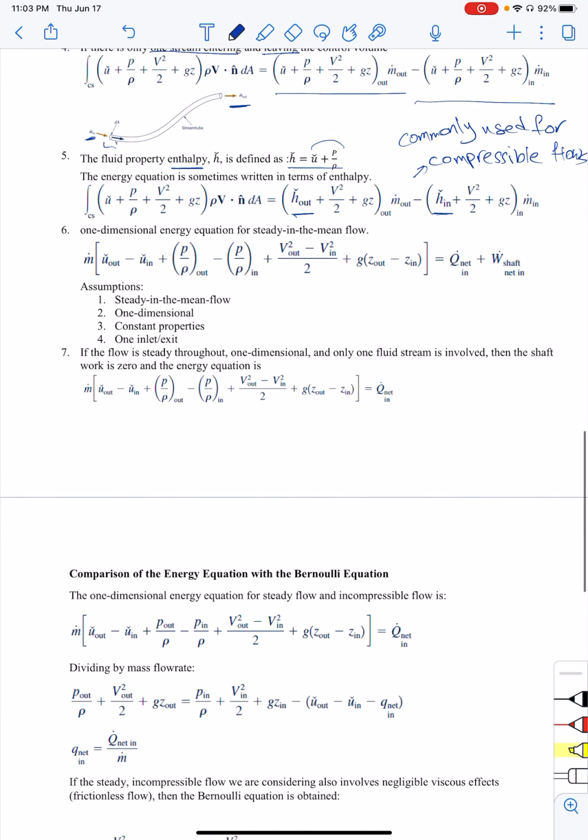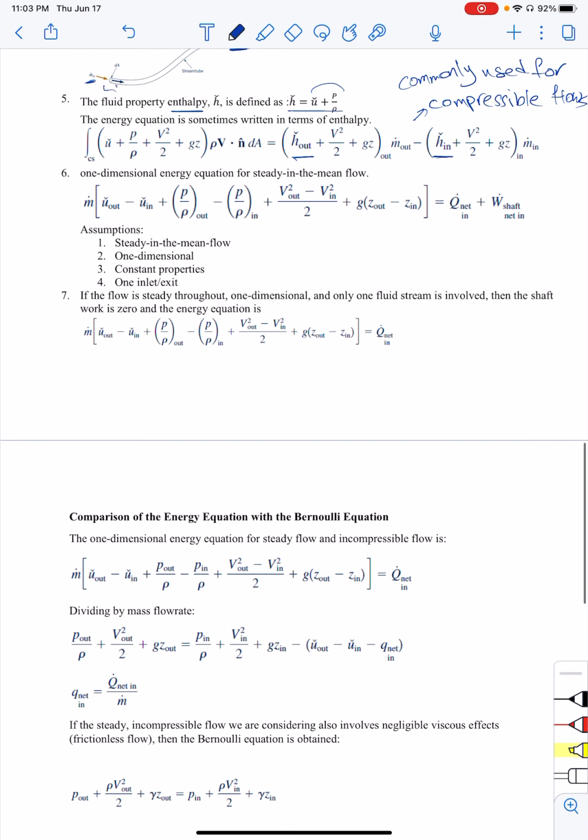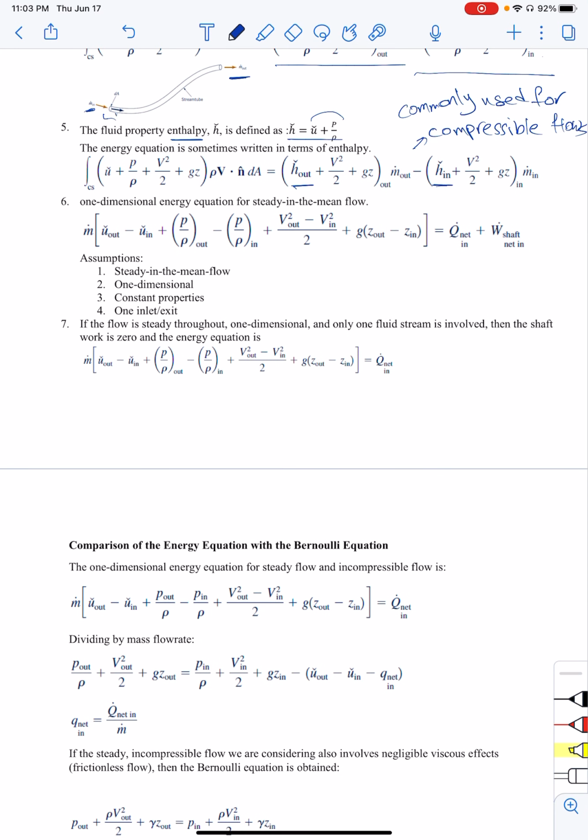And then number 6 is what we call the energy equation for a steady in the mean flow. There are some assumptions that we made to get this formula. The first one is steady in the mean flow.